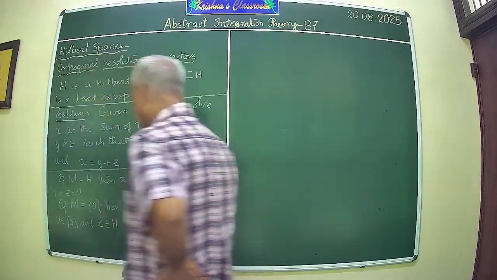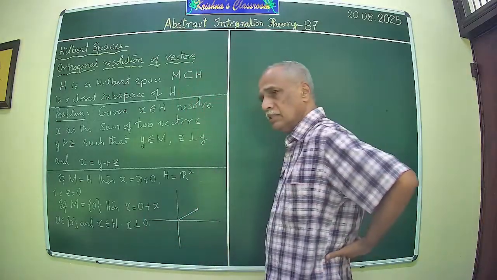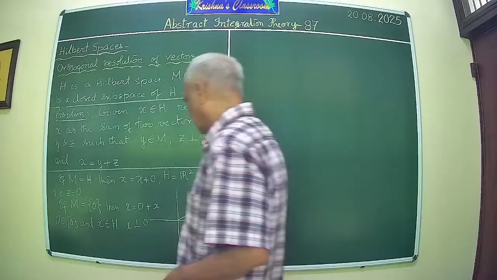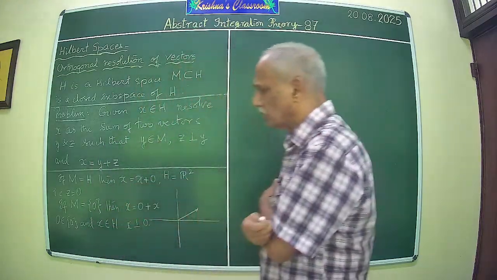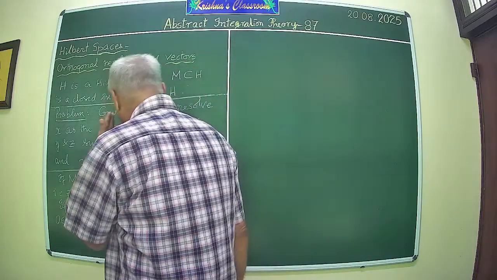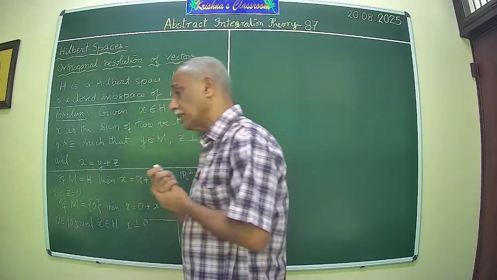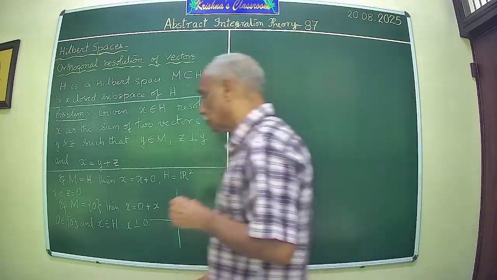For that matter, any vector is orthogonal to 0. So these are the trivial situations that we come across, and we shall not bother much about them. So let us consider a non-trivial situation, in the sense that we consider M to be a proper subspace.